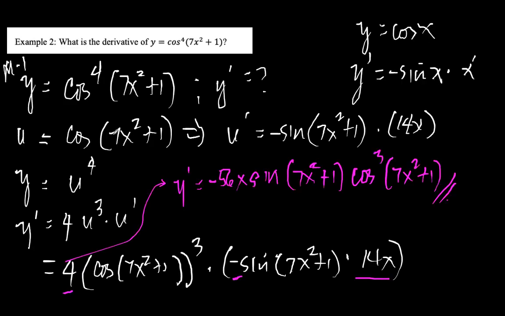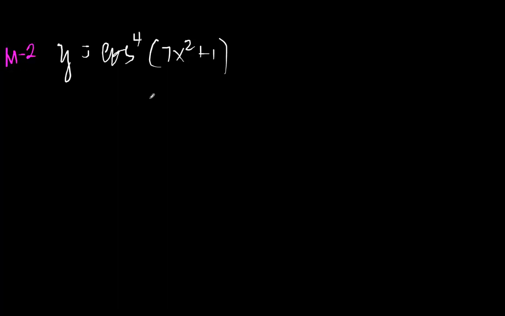Let's differentiate this. y prime is equal to, since we have a power, we need to use the power rule. So 4 cosine cubed of 7x squared plus 1, right?